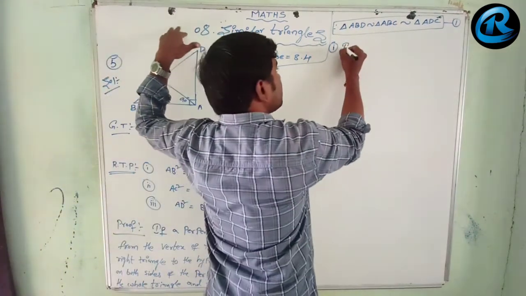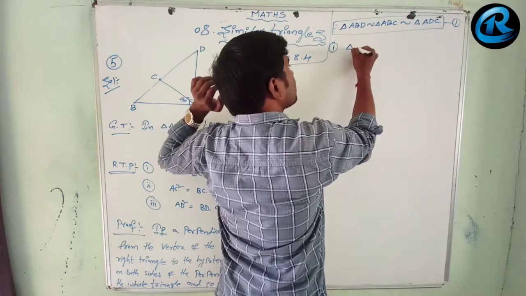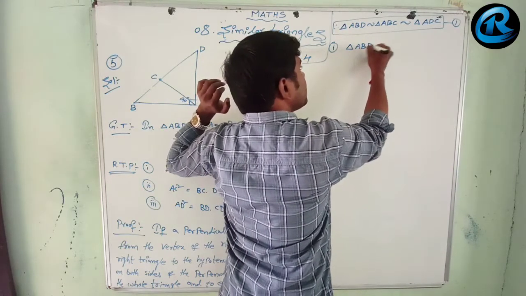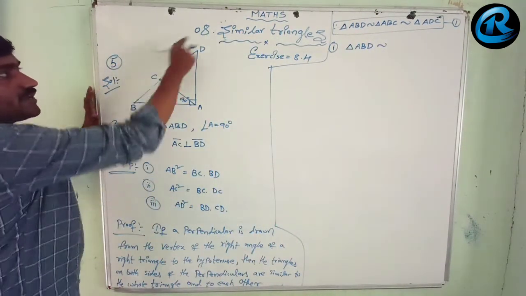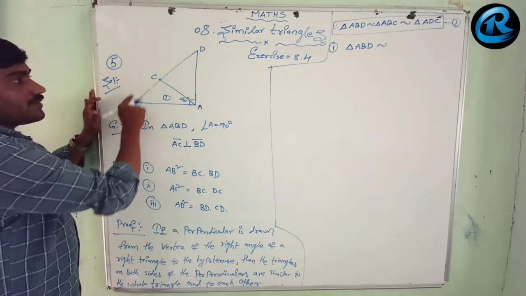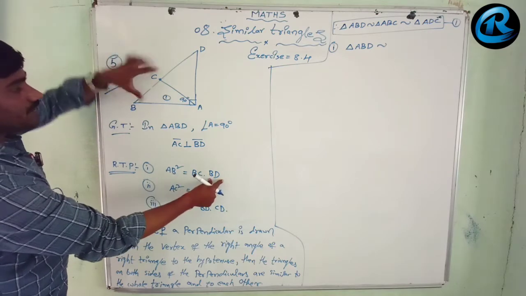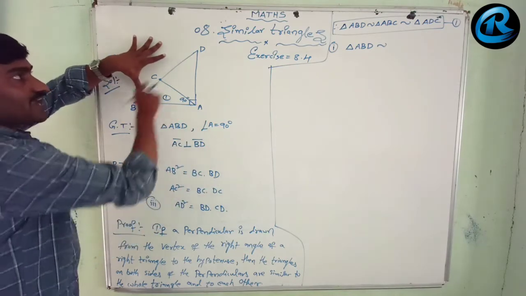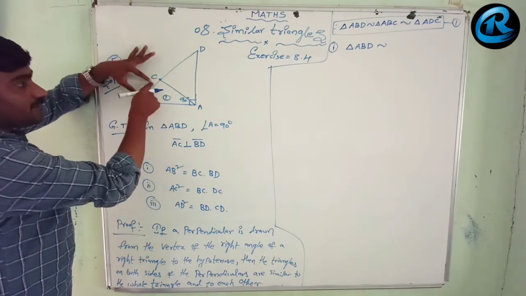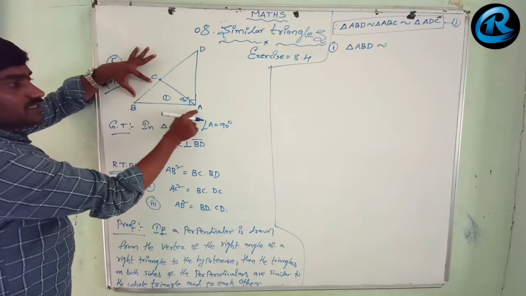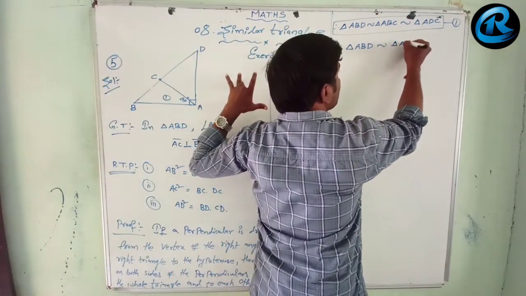So in this triangle ABD, the next triangle we have to take is ABC. Why ABC? Because BC is also there. AB and BD are the sides of triangle ABD, so I have taken triangle ABD, and here BC is a side of only this triangle ABC.